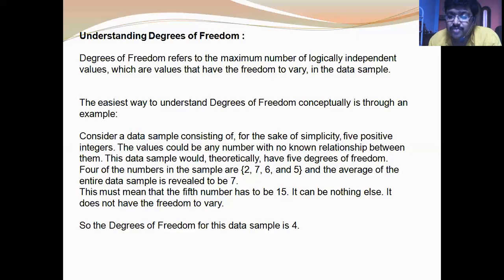Degrees of freedom here is 4, because one does not have any freedom to vary. So in this example, when there are five positive integers, the degrees of freedom is 4. Okay.